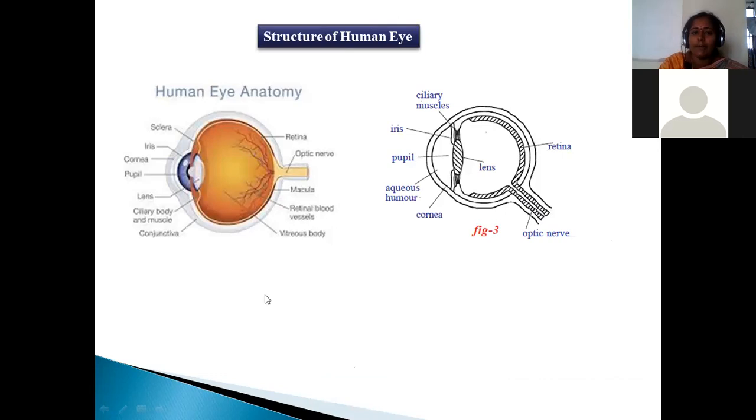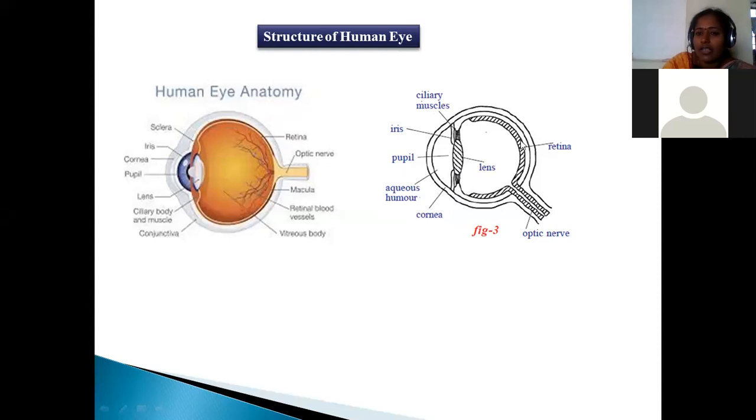So by this, the first part is completed. Now we are going to discuss the structure of the human eye, right? When we observe the structure of the human eye, these are the important parts. Iris will be there, pupil will be there, aqueous humor is the liquid medium, cornea is the outer layer, and the lens is present.